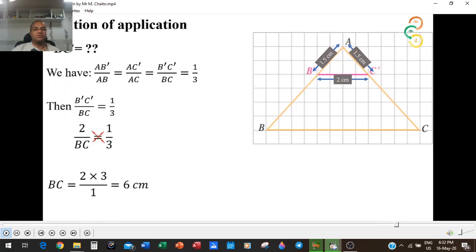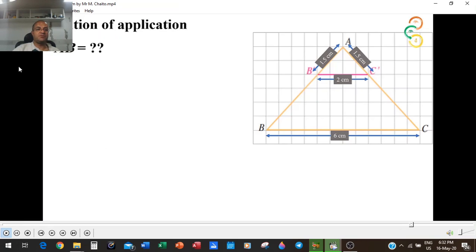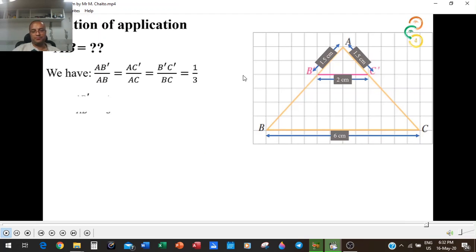We still have to calculate AB, and we have AB prime equal 1.5. So we take this ratio, and the same by cross multiplication.